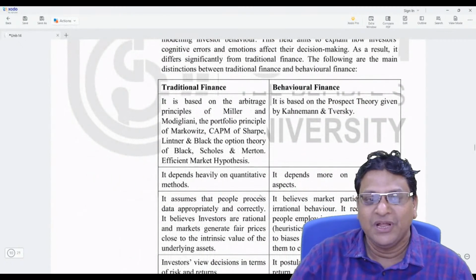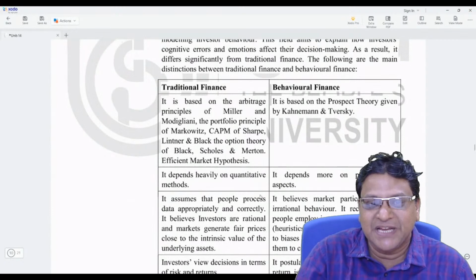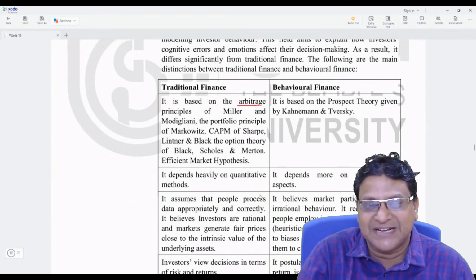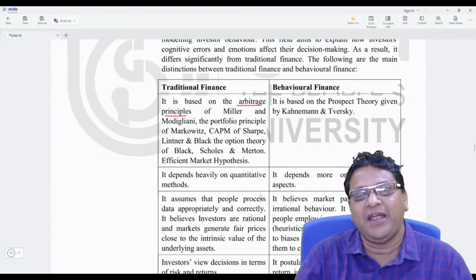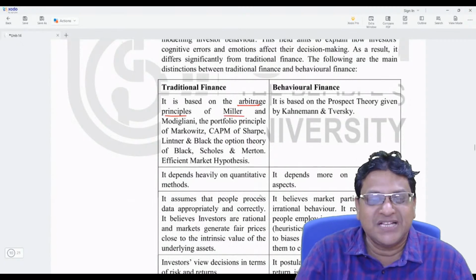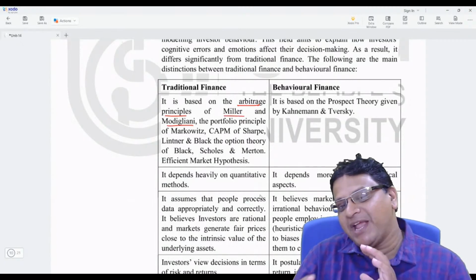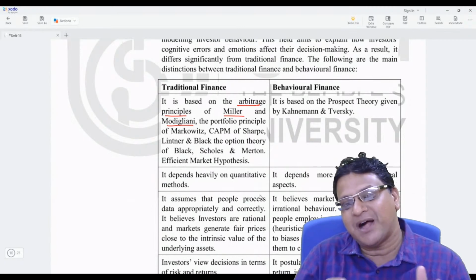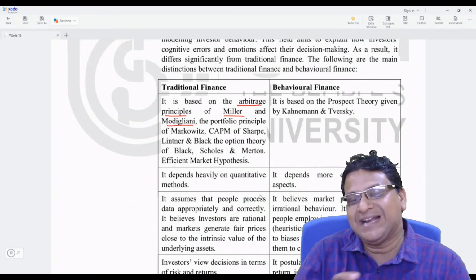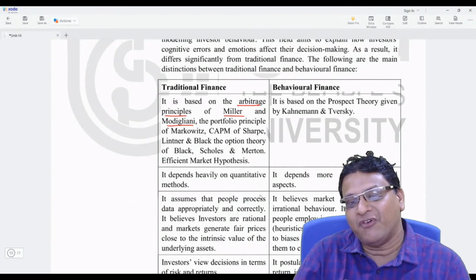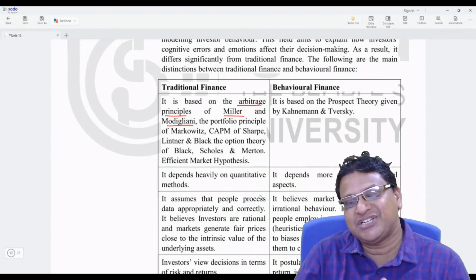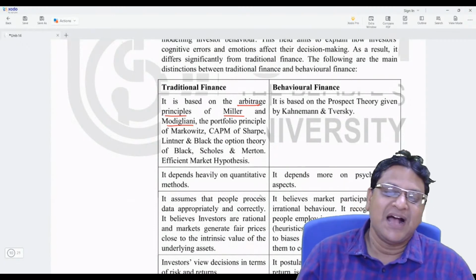I have already told you traditional finance is based upon a concept called arbitrage, which is given by Modigliani and Miller. What is arbitrage? When a person simultaneously buys and sells in two different markets to get the benefit of the price difference in these two markets, that is known as arbitrage.